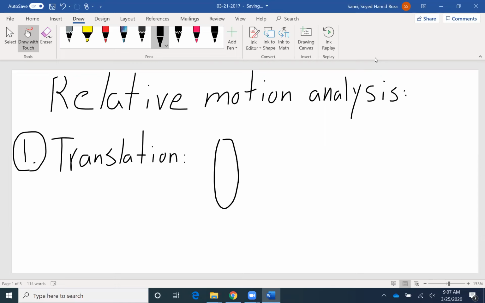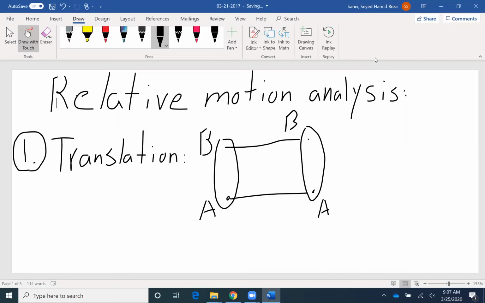So if we have a rigid body translating to its new location, let's call these A and B, and here the same A and B. If this is our center, this would be RA, and RA for the second position. Then we have a displacement vector, we call it dRA.